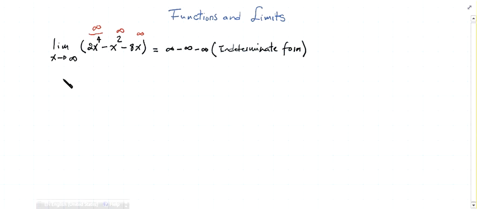So what we're going to do is try to figure out a way to solve it. What if we divided the whole polynomial by the highest power of x, the largest power of x?